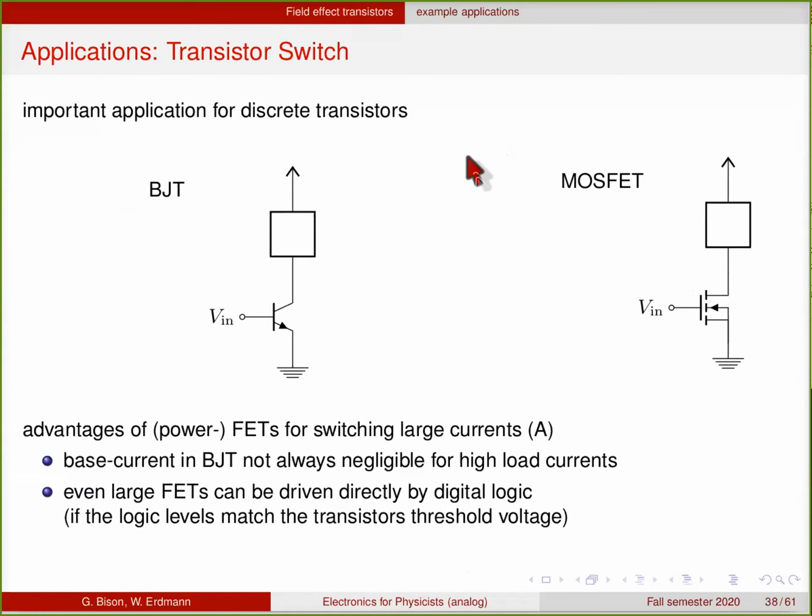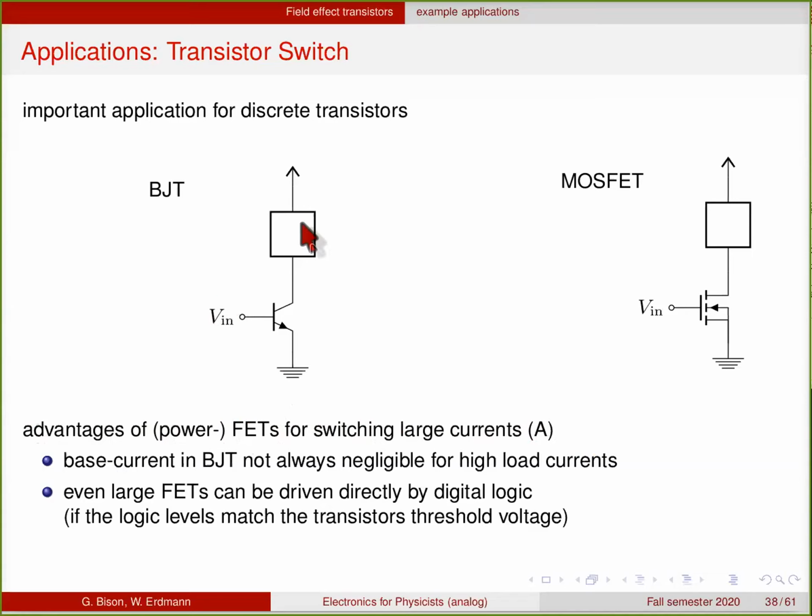Another important application for discrete MOSFETs is switching. There is an advantage of power MOSFETs for switching large currents, because the base current in a bipolar transistor is not always negligible.